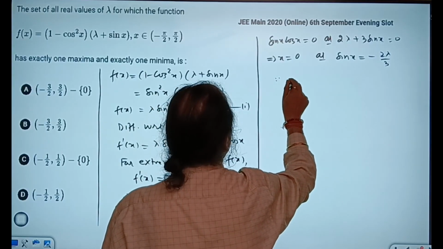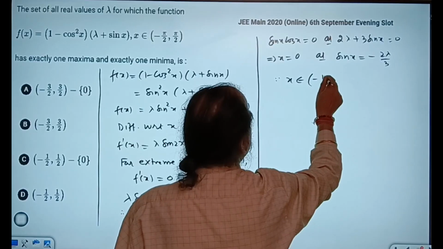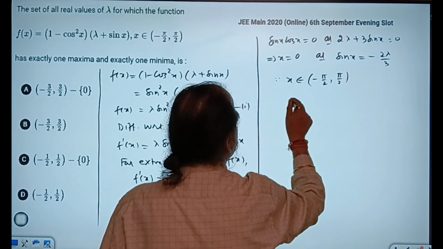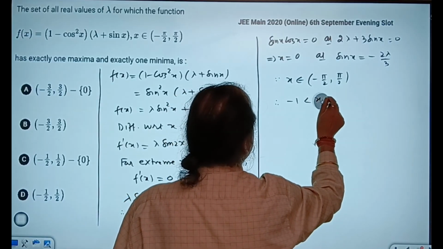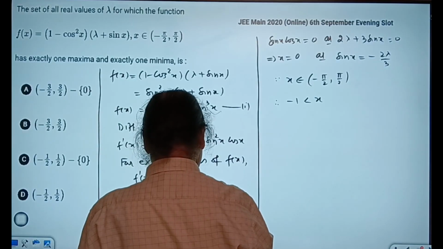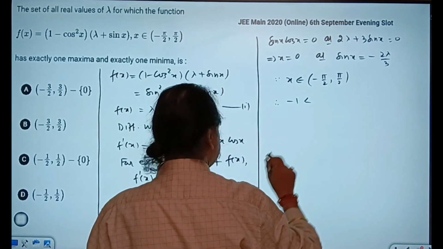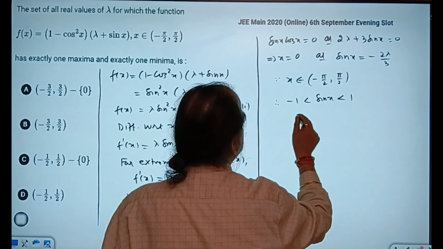Since x belongs to minus pi by 2 to plus pi by 2, minus 1 less than sin x less than 1.